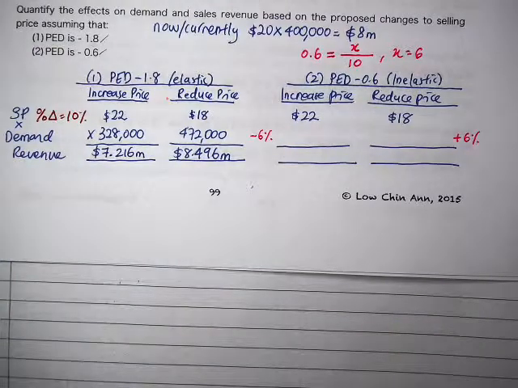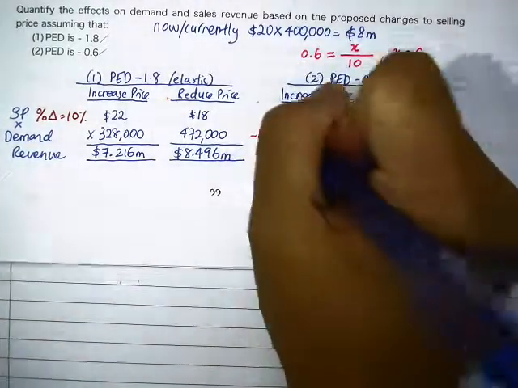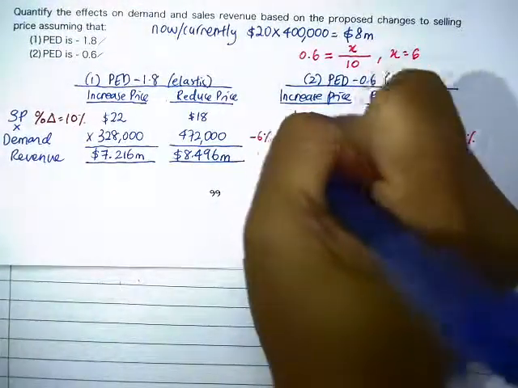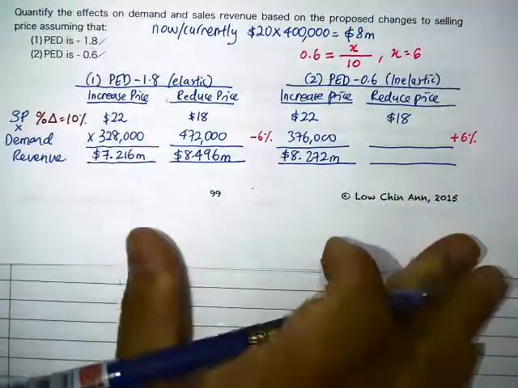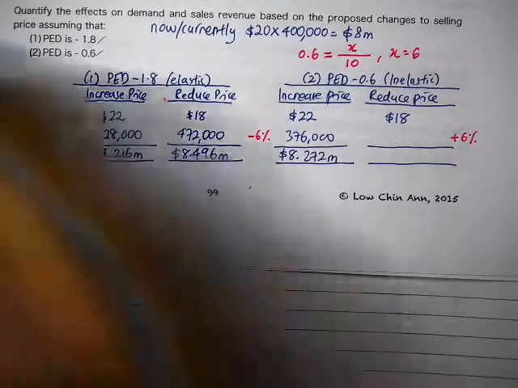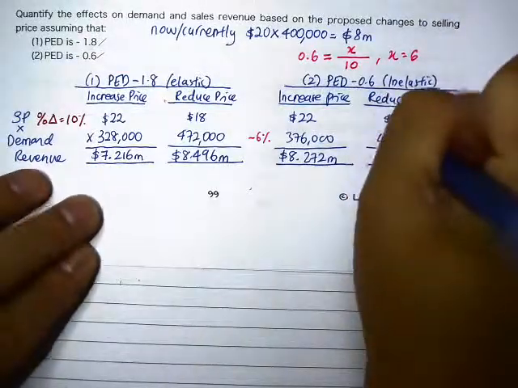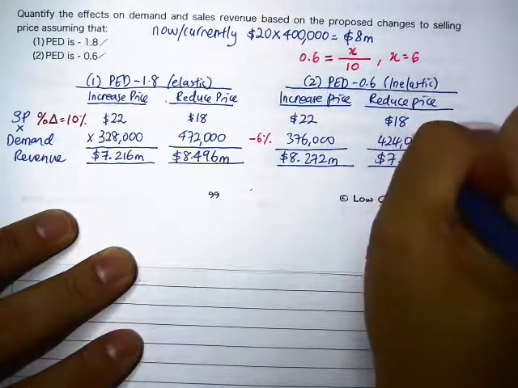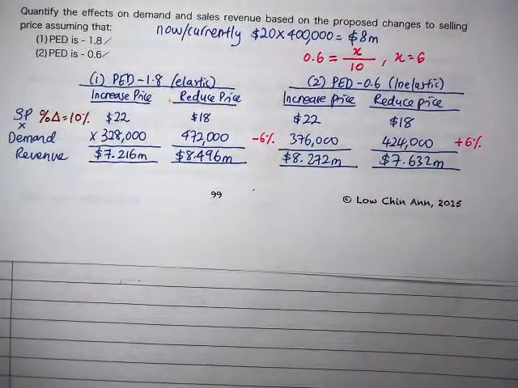So if demand drops 6%, then 400,000 you will get 376,000. So you get 8.272 million. And then increase 6%, 400,000, you get 424,000, 7.632 million.